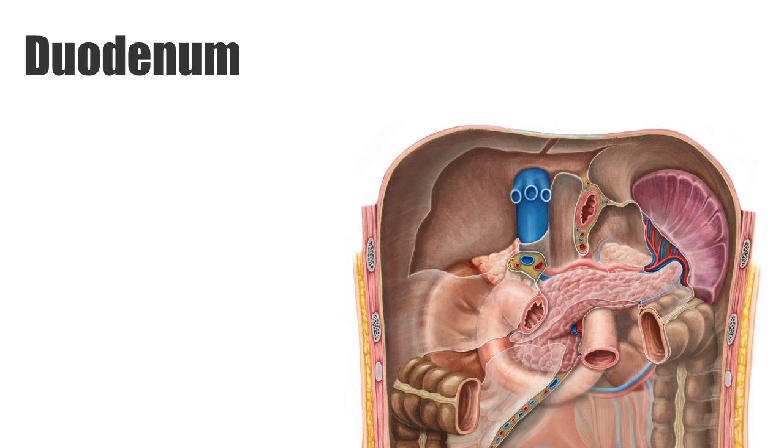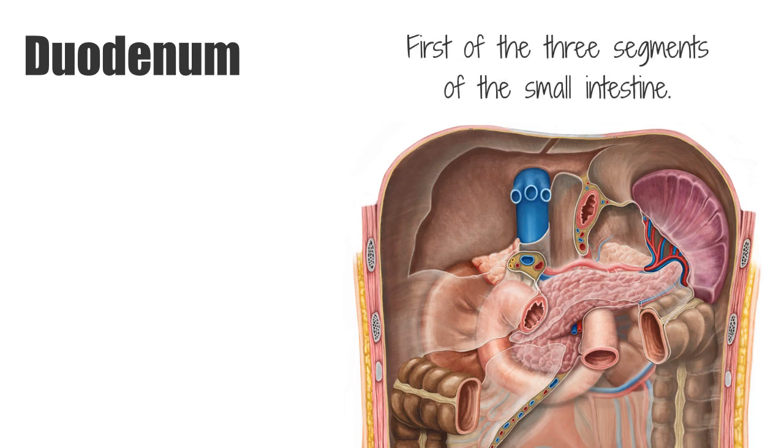Now, the first thing I want to say is that, as I mentioned, this is the first of the three segments of the small intestine, and this initial portion is located between the stomach and the jejunum. The jejunum is the continuation of the small intestine.